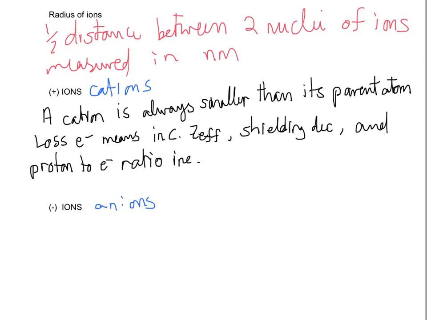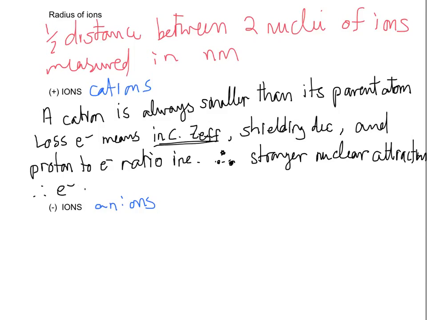You have the same number of protons, but now you have fewer electrons, so you have more positives to pull in those electrons. And so therefore, stronger nuclear attraction, or stronger Zeff, we're basically restating this. And so electrons are pulled in, and so your radius decreases.